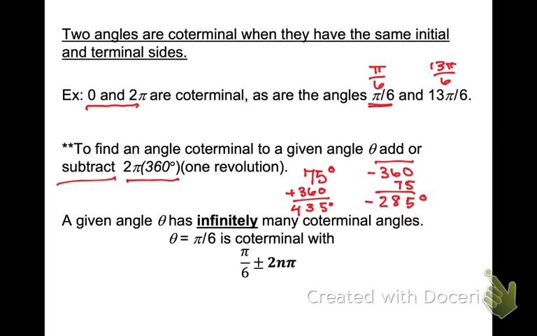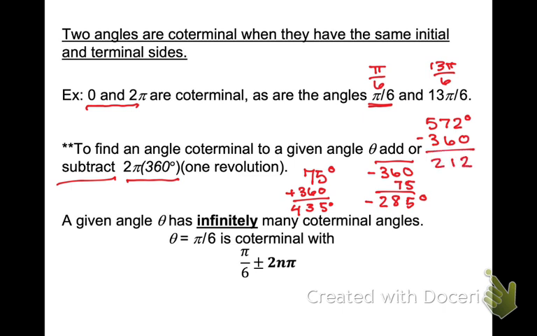Do you have to do both subtraction and addition? On the test, I will say give me a positive and a negative coterminal angle. So what if I started with 572 degrees? If I subtract 360 once, do I still have a positive angle?